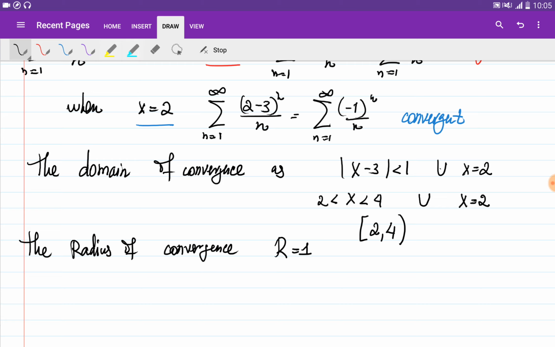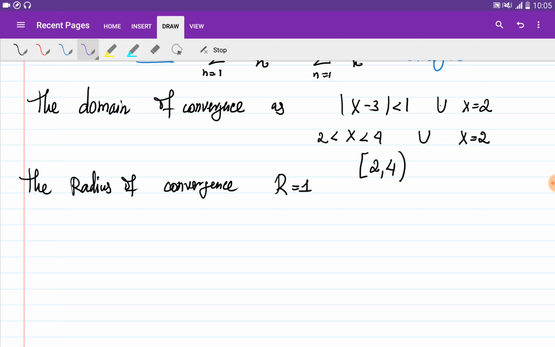So let us consider another example where the radius of convergence is going to be different from 0 and 1. Example. We're going to consider the Bessel's function of degree 0.